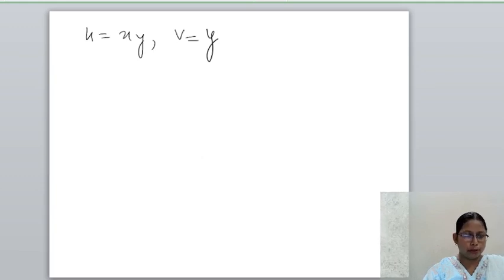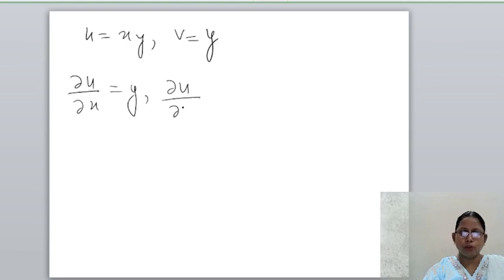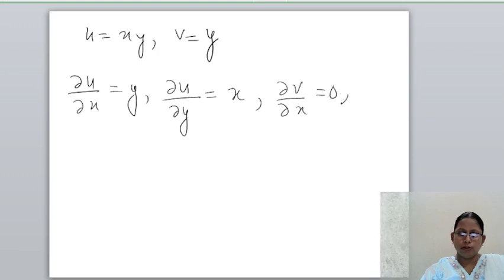Partial derivative of u with respect to x, treating y as constant, is y. Partial derivative of u with respect to y, treating x as constant, is x. Partial derivative of v with respect to x, treating y as constant, is 0, and partial derivative of v with respect to y, treating x as constant, is 1.